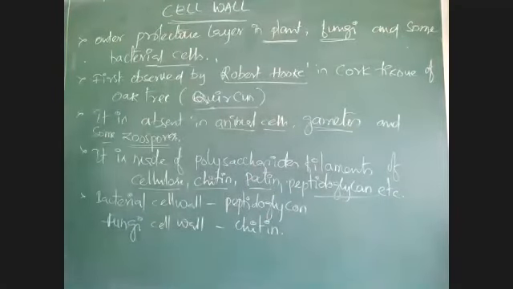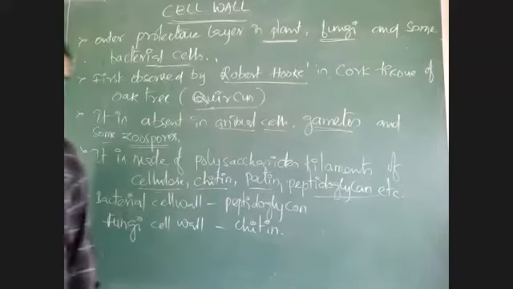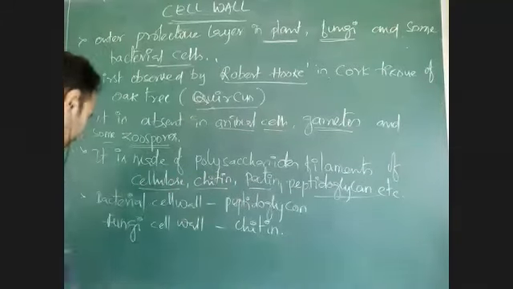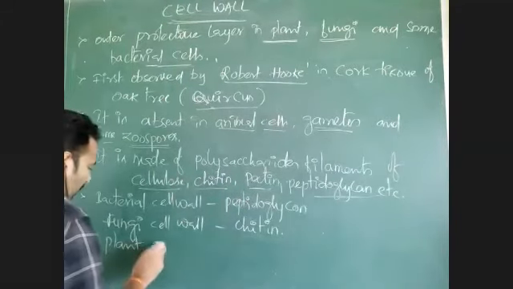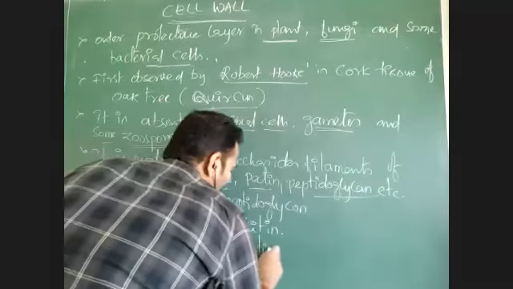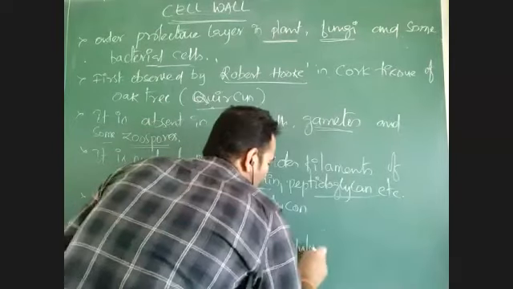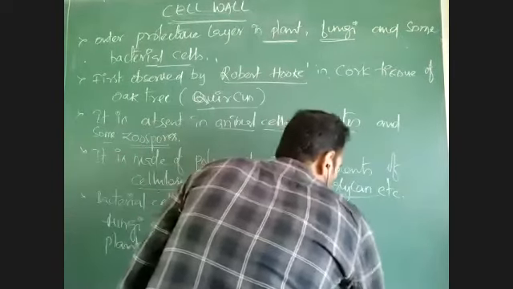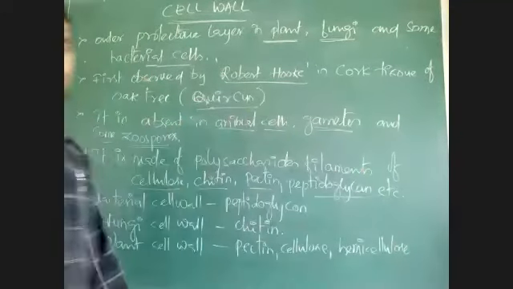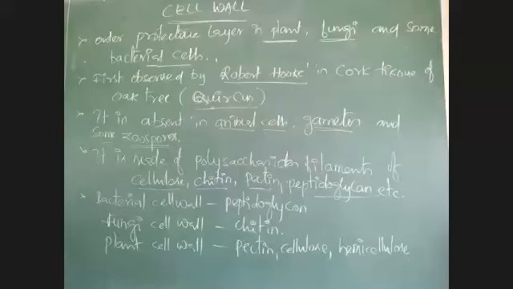The cell wall of plant cells is majorly made up of cellulose and pectin. There may be some other structures also, like hemicellulose. So majorly they are made up of these.